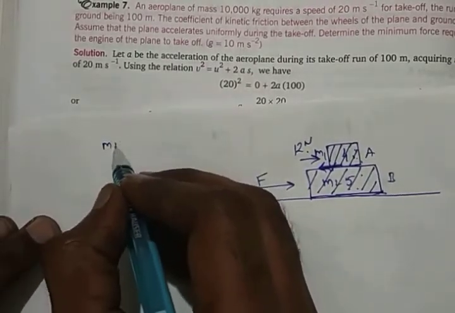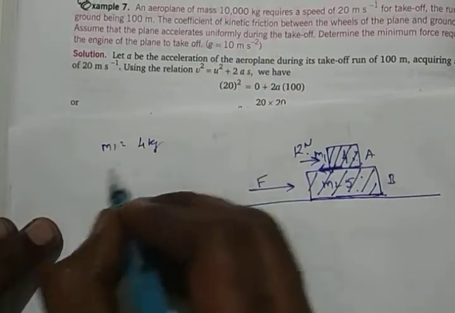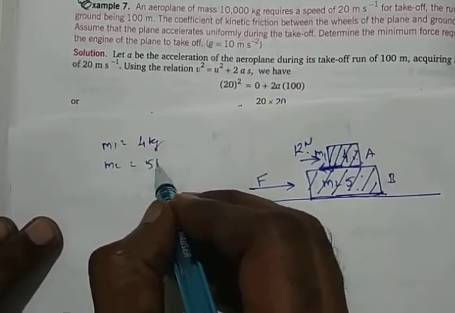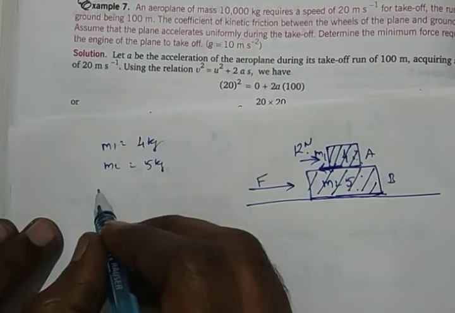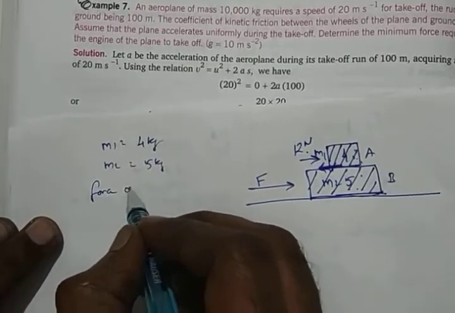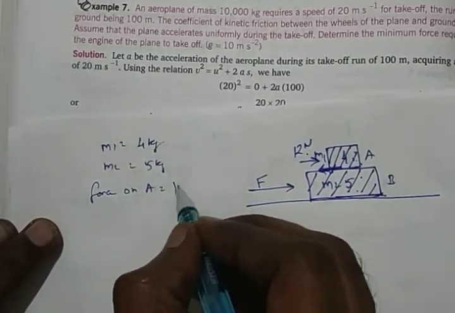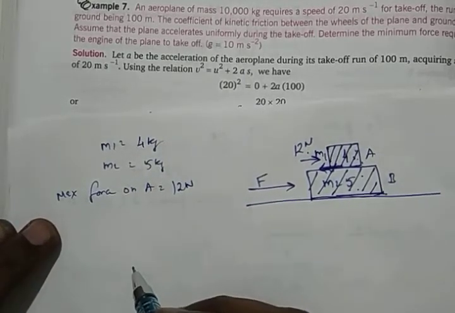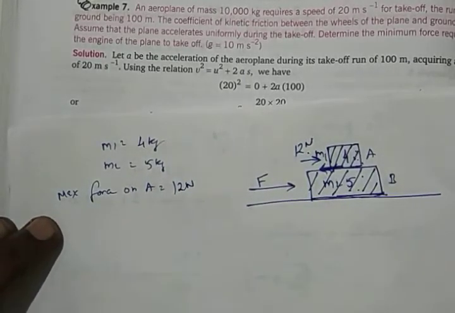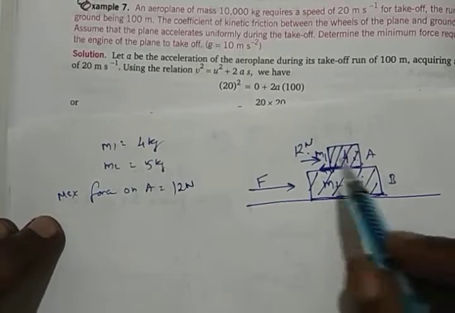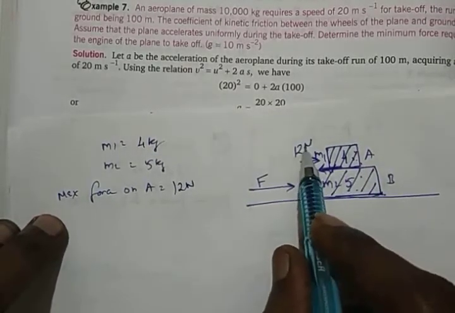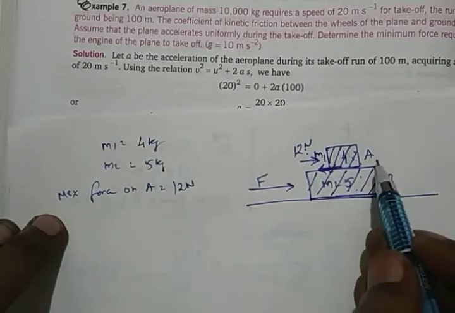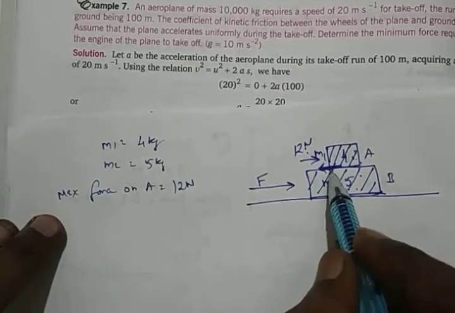So m1 is equal to 4 kg, m2 is equal to 5 kg. And the force on A is 12 newtons. This is the maximum force. You give maximum 12 newtons, it will be on the verge of movement. That means that much is the frictional force.